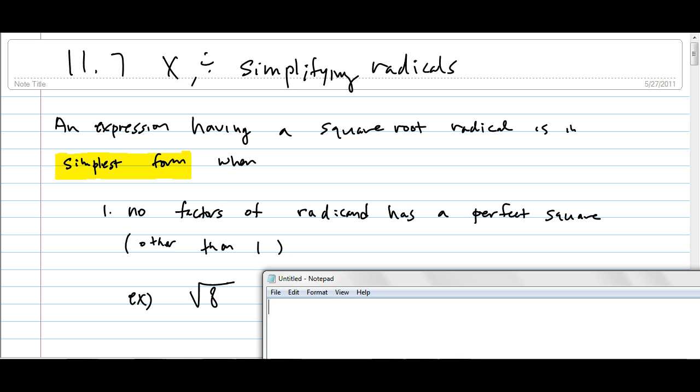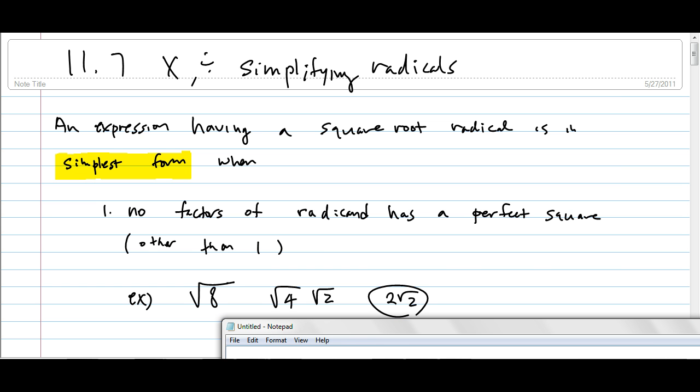No, because inside the radicand you have a factor that is a perfect square, which is 4. Isn't this square root of 4 times rad 2? So you've got to simplify that. We've done this before, haven't we? So you get 2 rad 2. Don't leave it as square root of 8, or you don't get full credit. So when you simplify square root of 8, you get 2 rad 2. Any question?